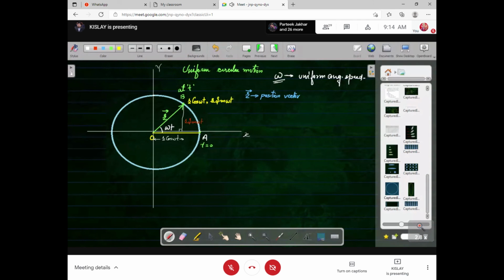If anyone has doubt, please ask or tell me to repeat. Priyanshu, are you here? Okay, so the position vector R can be written as R cos omega t.